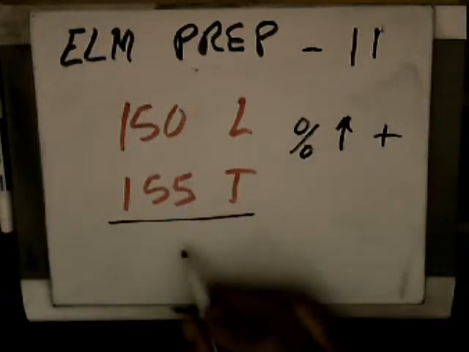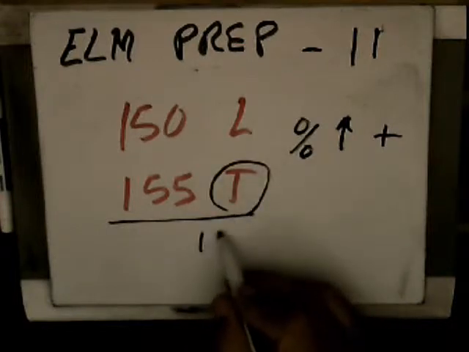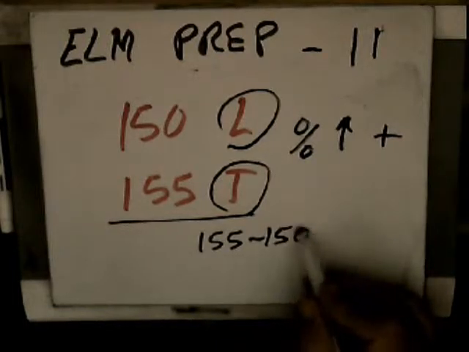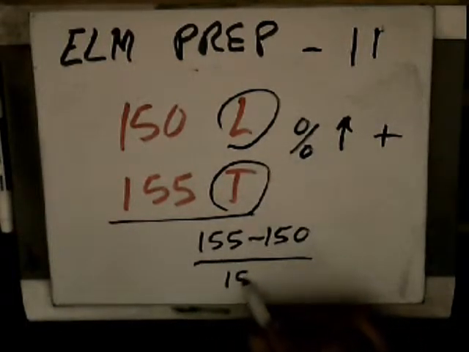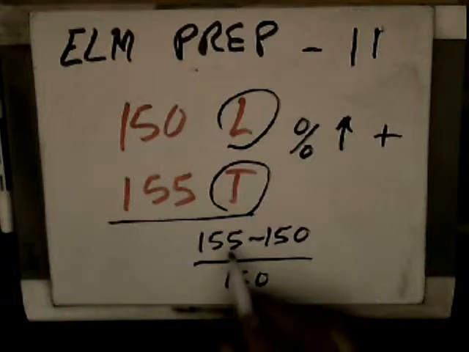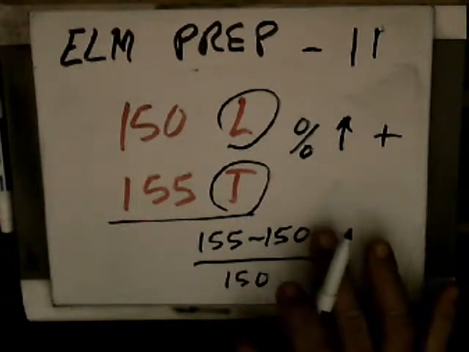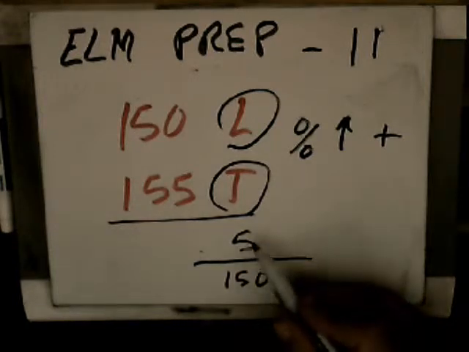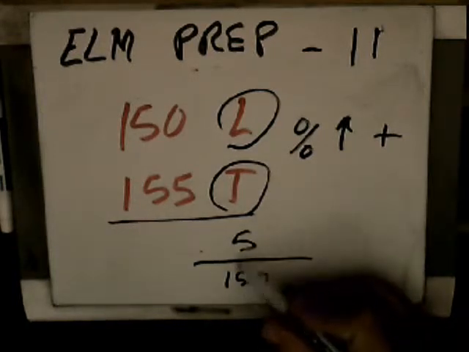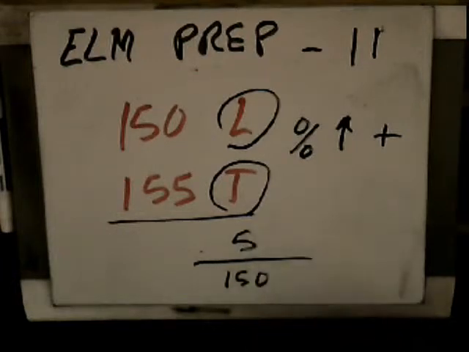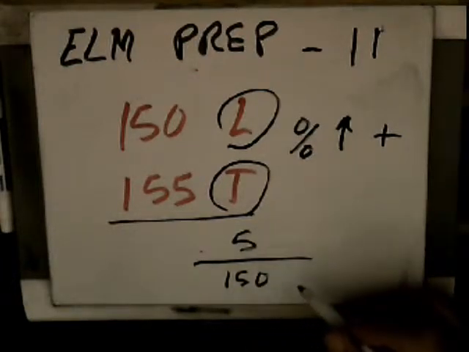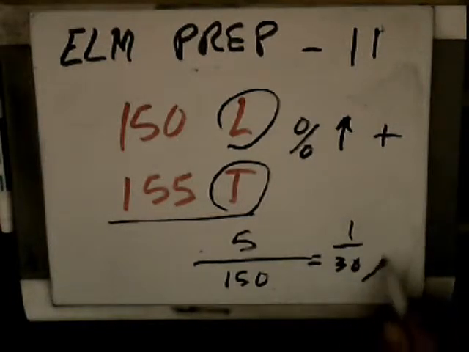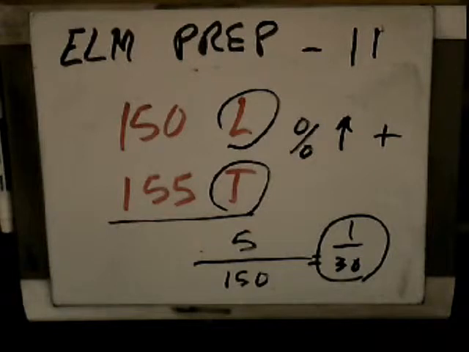So we take the current value, 155, minus the original value, 150, all over the original value, 150. The difference between 155 and 150 is 5. So now our percent increase, albeit very small, is a positive number. If I reduce that down, it's 1/30. Not a very big increase, not a very big percentage.